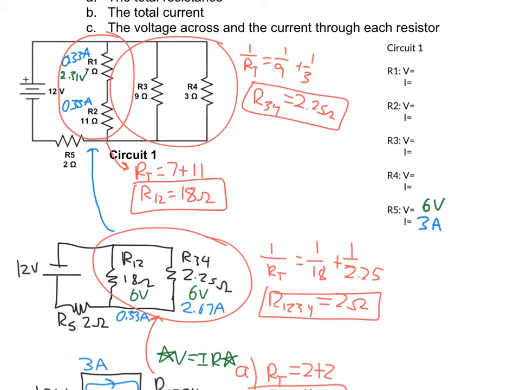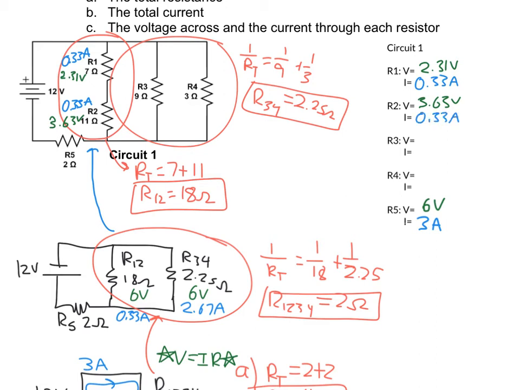And for R2, we're going to do the 0.33 times 11, and that gives us 3.63 volts, okay, which approximately adds up to our full voltage of 6. Due to rounding, it's going to be slightly off, but we can go ahead then and fill in those voltages, 3.63 volts and 2.31 volts, with both of them getting that full current here of 0.33 amps.